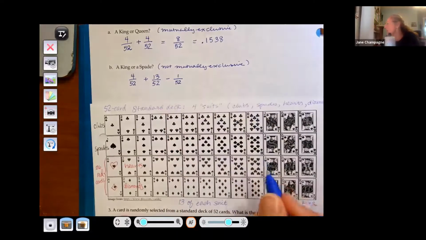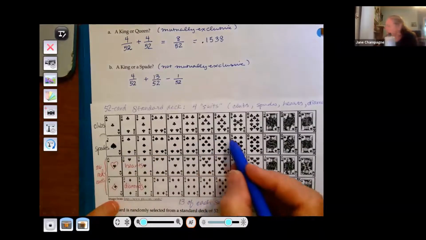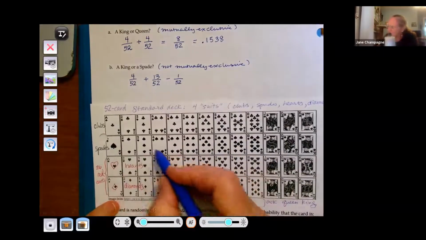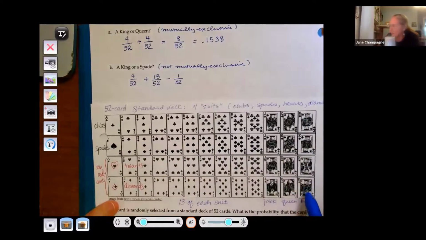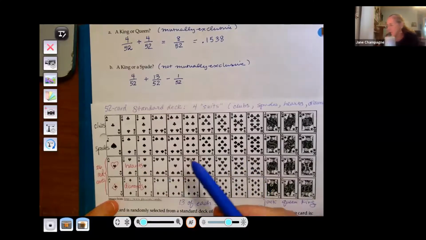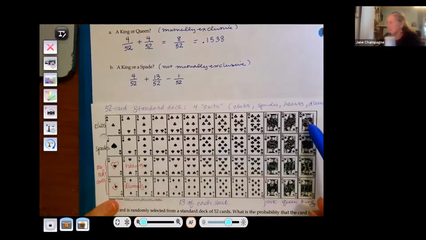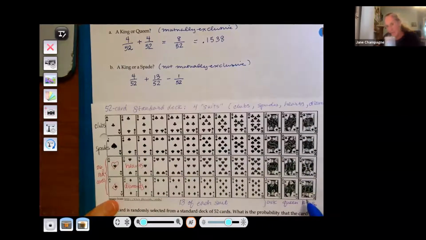That one card that is both a king and a spade is like the overlap of the spade row in the king column. So if you were to count how many distinct cards there are that are either a spade or a king, it would be the 13 spades plus 3 more kings, right?